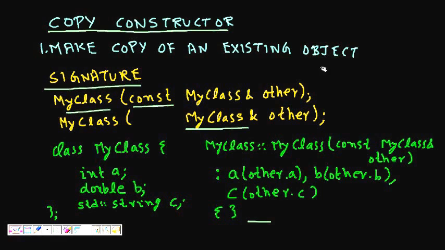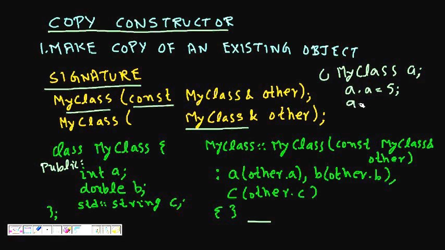If I make something like MyClass a, and let's say we had made the members public, just for ease, now I do a.a = 5, a.b = 7.5, and a.c = "hello". So this is created, and it all has memory.